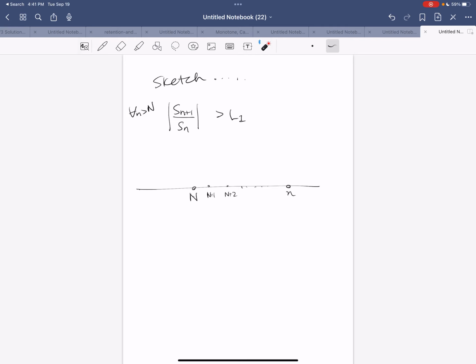Say you're looking at your Nth term. How do I estimate the size of S_n?